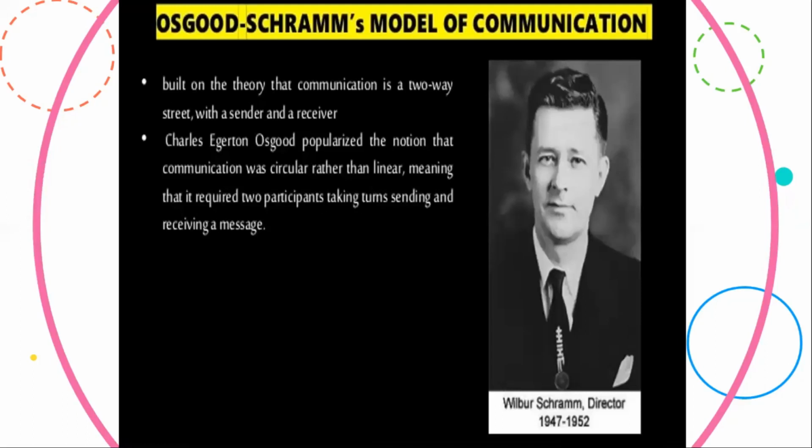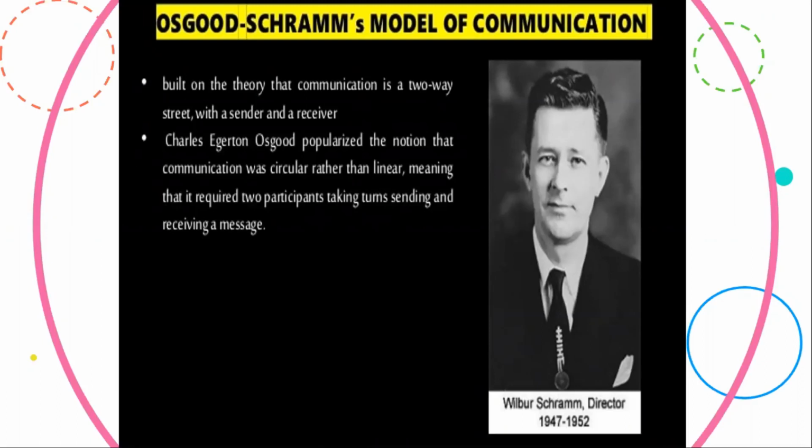Charles Egerton Osgood popularized the notion that communication was circular rather than linear, meaning that it requires two participants taking turns sending and receiving a message. An example of this is a debate. When it comes to a debate, you have to prove your ideas, and then the other one also gives ideas on that particular topic. That is an example of Crumb's model of communication, or a two-way street.